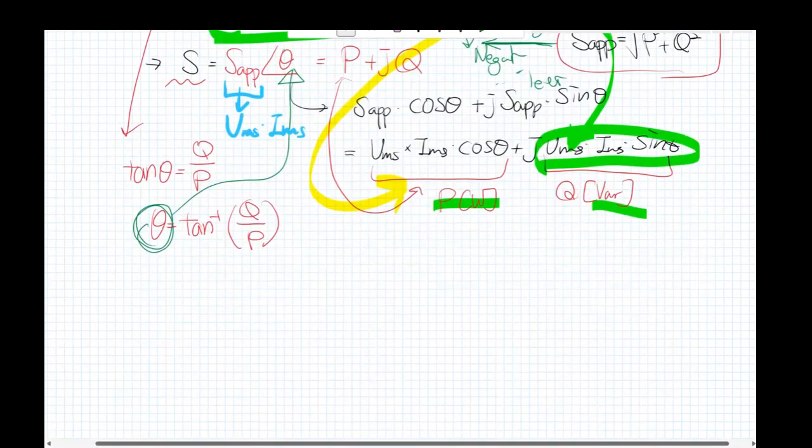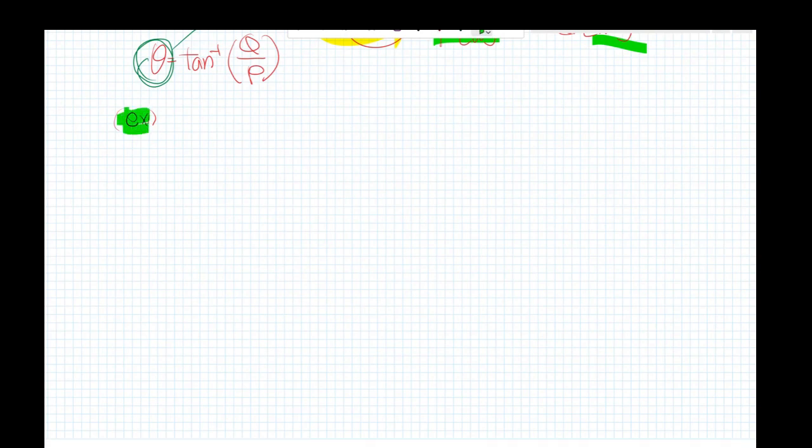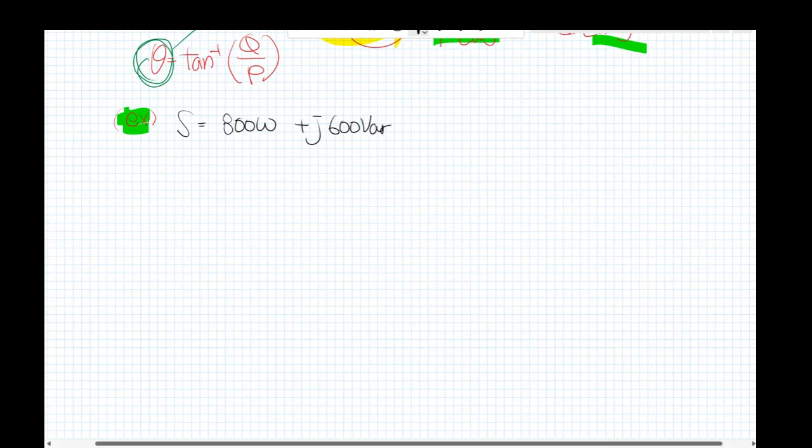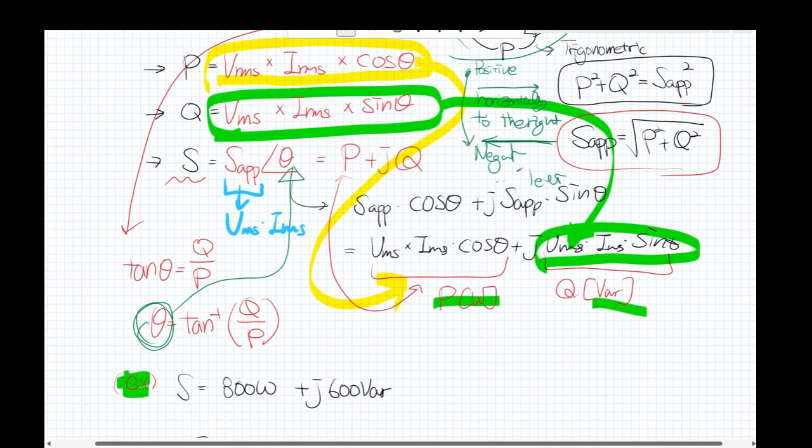All right. So now we have the sample exam. Okay. So S is 800 watts plus J 600 VAR. Okay. That was what we learned before. Go back to the formula that's right there.